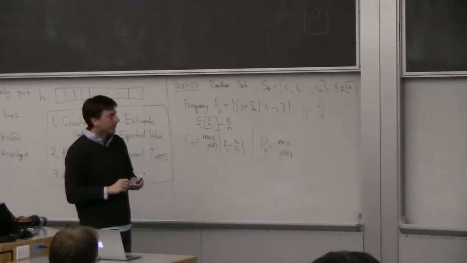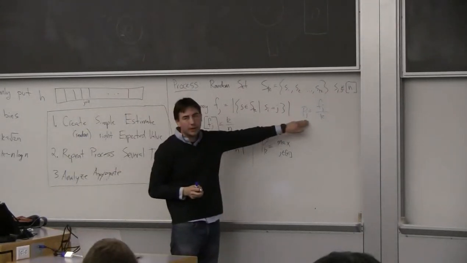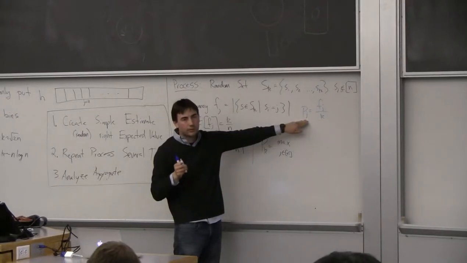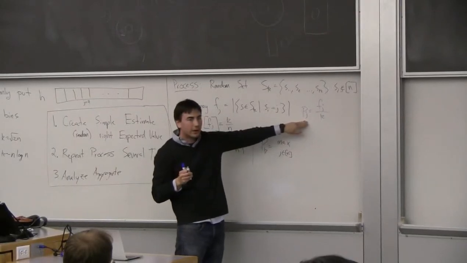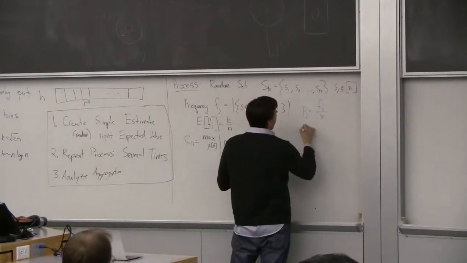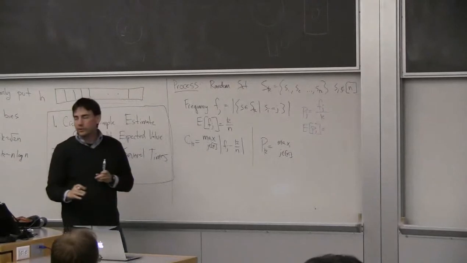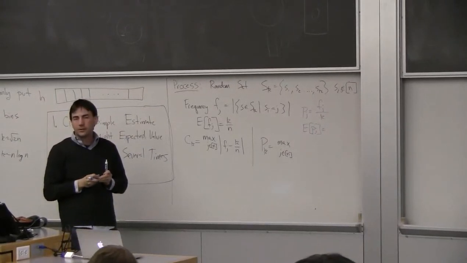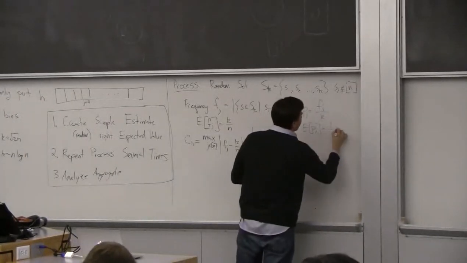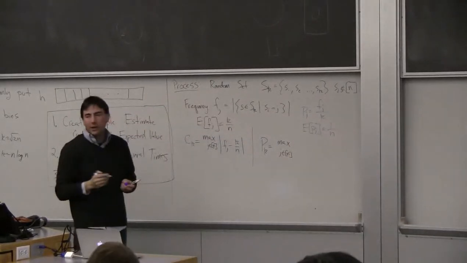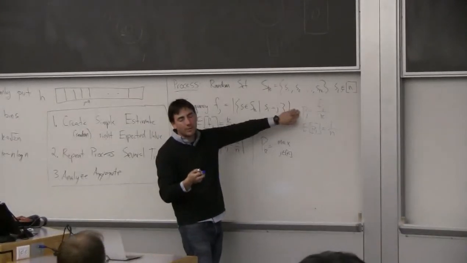This is the empirical probability of the number of balls I expect to see in this bin. So what is the expected value of P of j? It's 1 over n, that's right. This is the probability that any ball falls in the bin, and this is our measure of this probability.